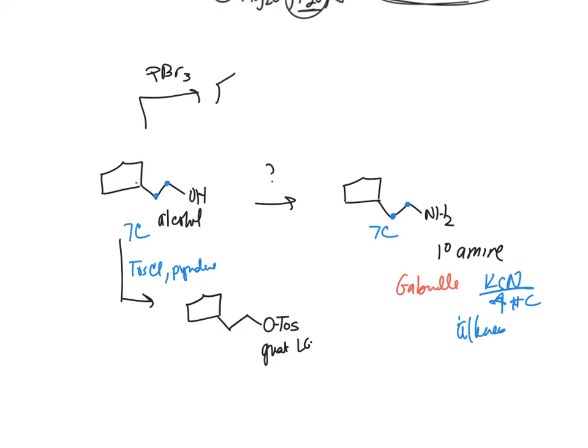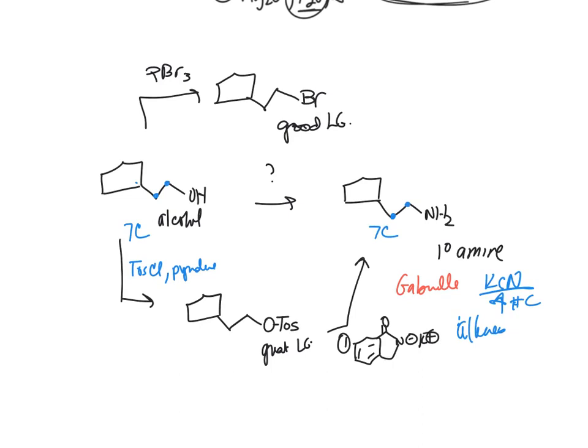PBr3. Well, that converts the alcohol into an alkyl bromide. That's a good leaving group. So both of those are good because OH is not going to leave. But this one does the Gabriel synthesis. So we see the potassium phthalimide and then hydrazine.